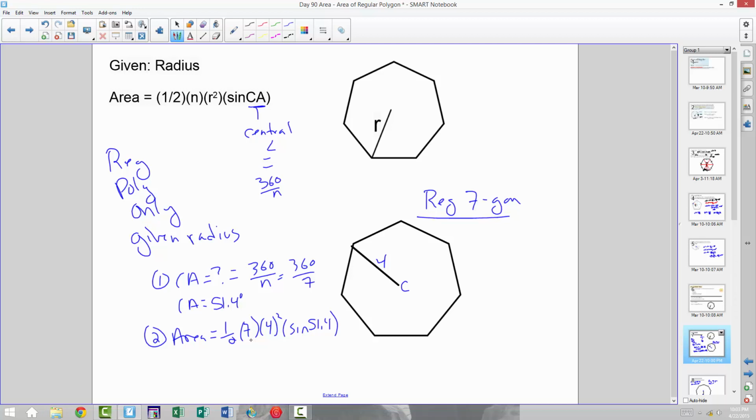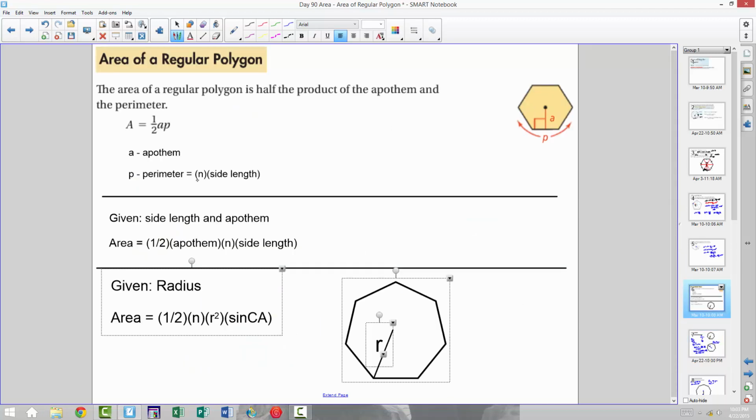So area of this regular 7-gon will be equal to 43.8 units squared. So there's a lot of formulas to remember with area of a regular polygon. So you have half times the apothem times the perimeter. That's if you're given a side length and the apothem. If you're only given a radius and it's a regular polygon, area is half times number of sides times radius squared times sine of your central angle.